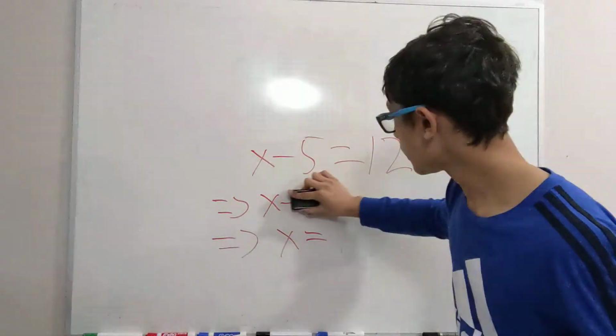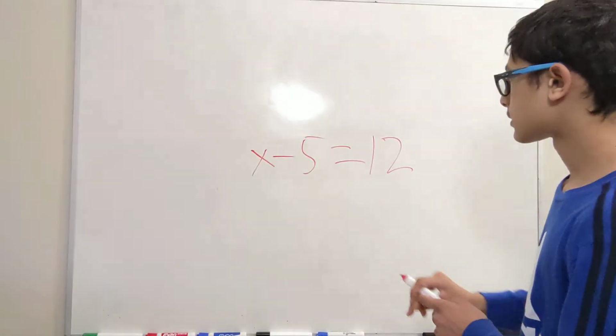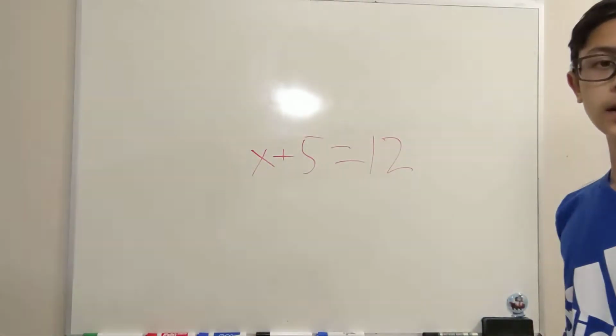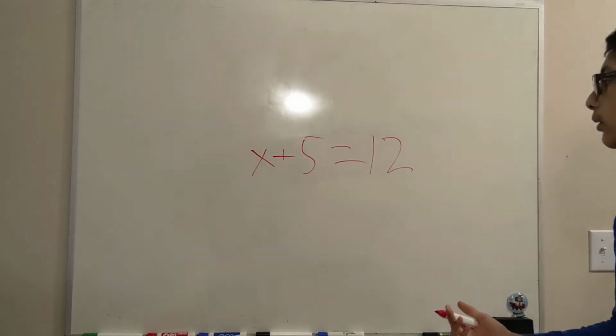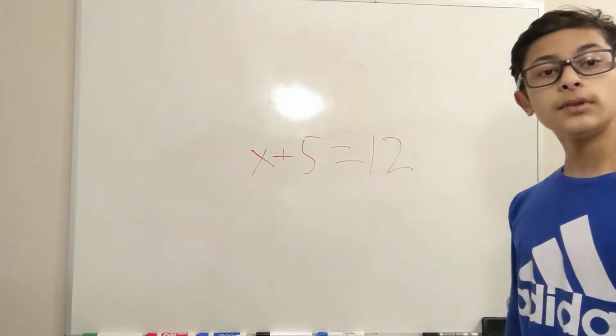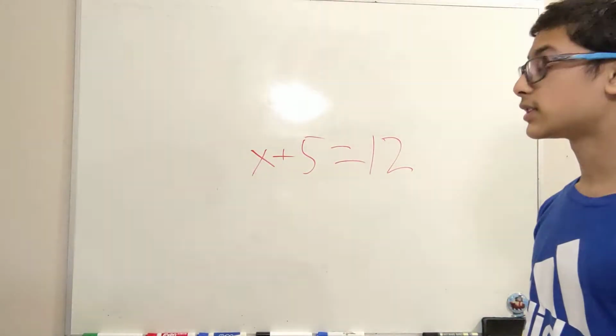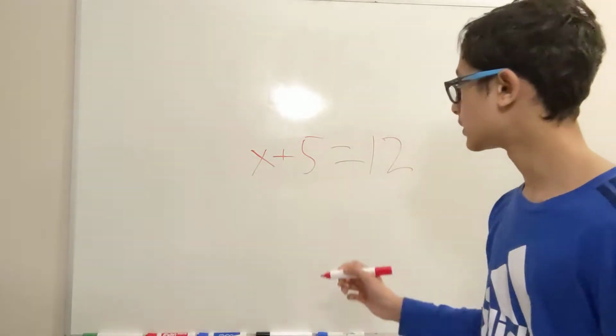But going back, what if we had something like x plus 5 equals 17? As I told you earlier, that same principle holds for subtraction. So we can do the same thing, except we subtract 5 from both sides.